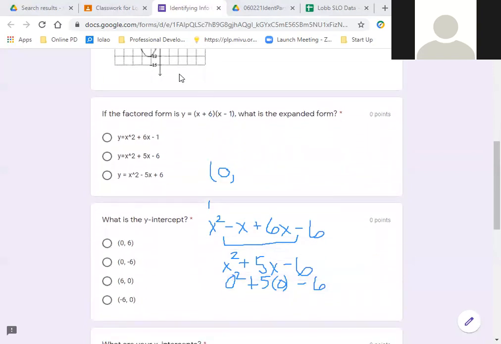You can also, looking at this, when y equals 0, we have x plus 6. And when y equals 0, we have x minus 1. If you solved this one-step equation, if we are adding 6 to get rid of it, we have to subtract it. So we would have -6 equals x.